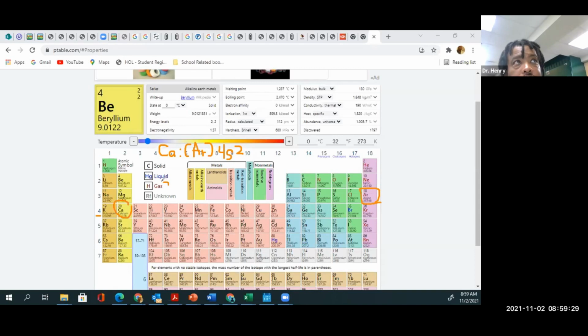So if we're writing the electron configuration for calcium 2 plus, we can just write it as argon. Or we could actually write out the whole thing for calcium 2 plus.